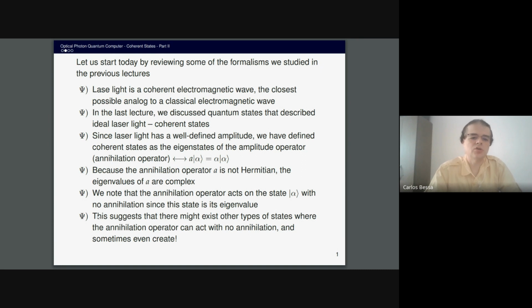This is not so uncommon, because this type of property suggests there might exist other states where the annihilation operator can act with no annihilation, and sometimes even create. It happens sometimes in thermal states as well, so it doesn't annihilate there either. The name comes from the definition used in the case of the Fock state, or the N state, when we were studying the harmonic oscillator.